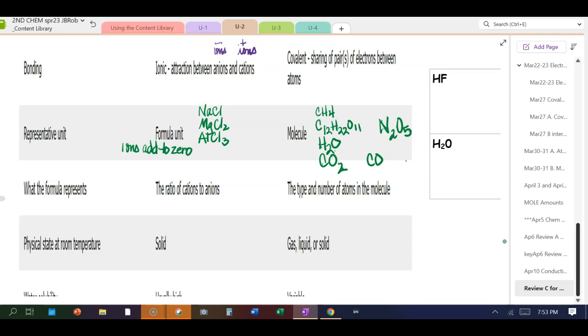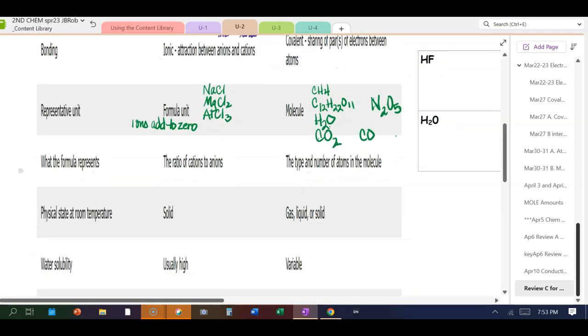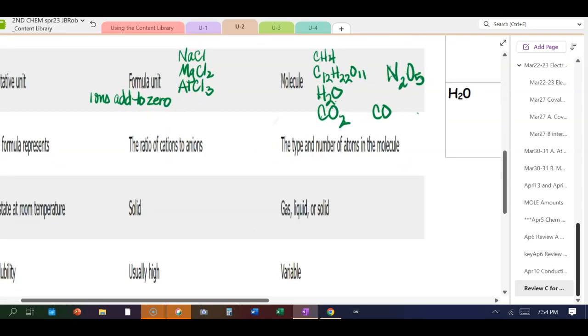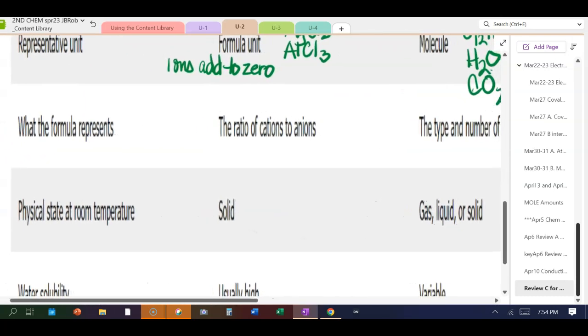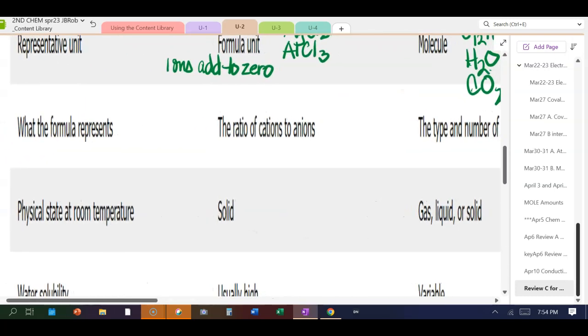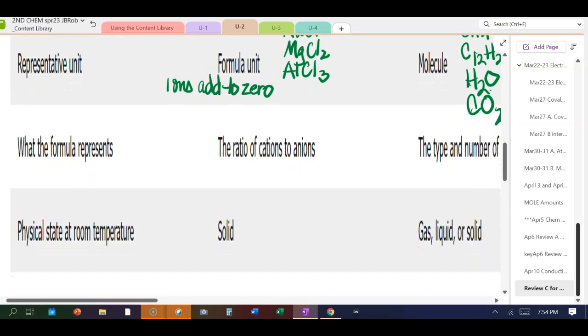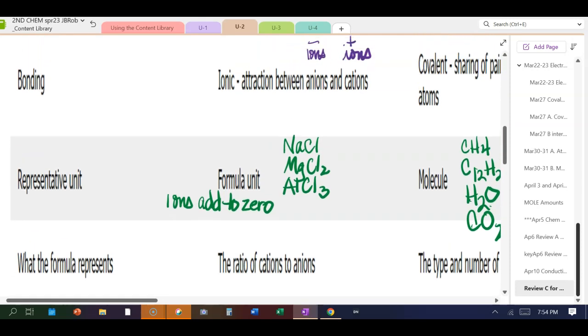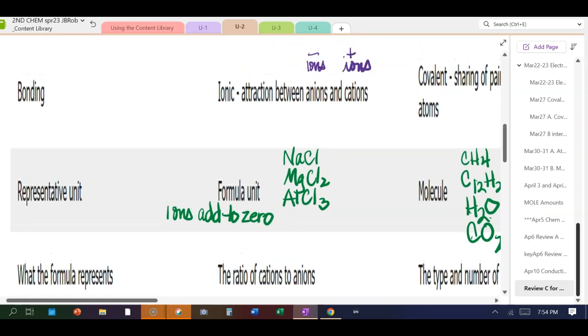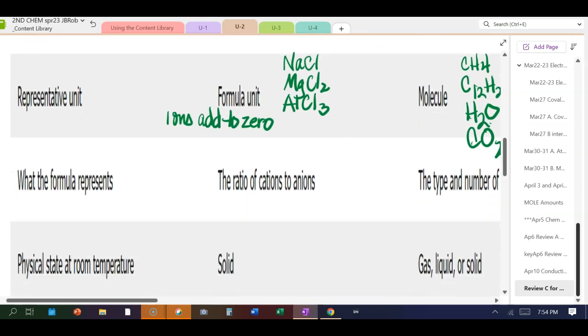Okay. Now, what the formula represents in an ionic compound is the ratio. It represents the ratio of anions to cations.